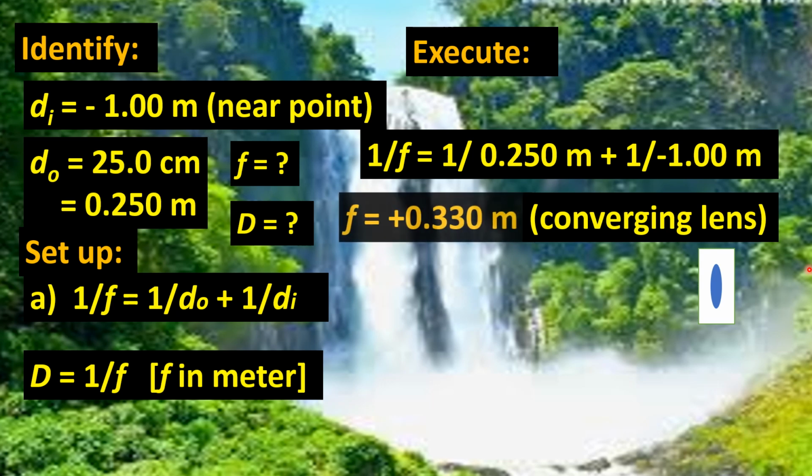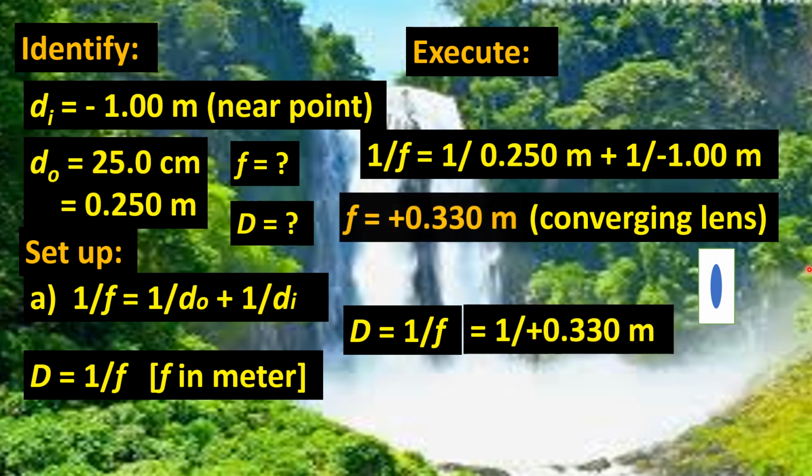So calculating for the dioptic power, we have capital D, which is the reciprocal of the focal length. All right. That is, we divide 1 by positive 0.330 meters.